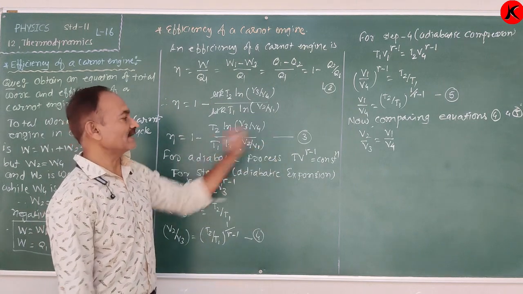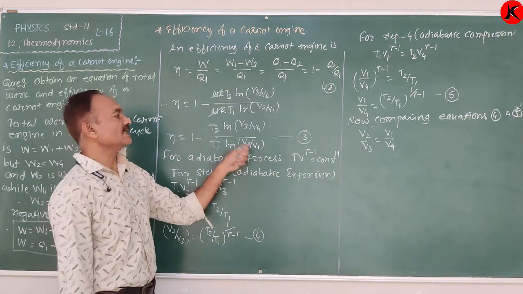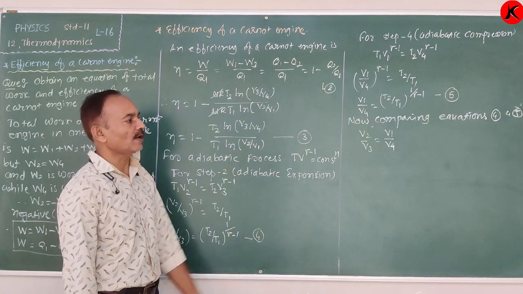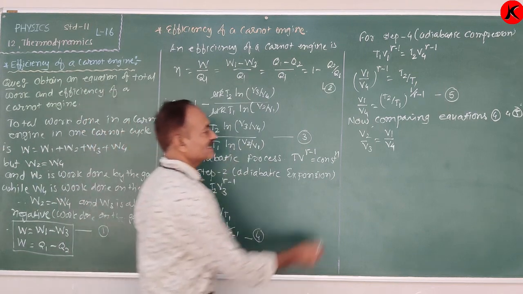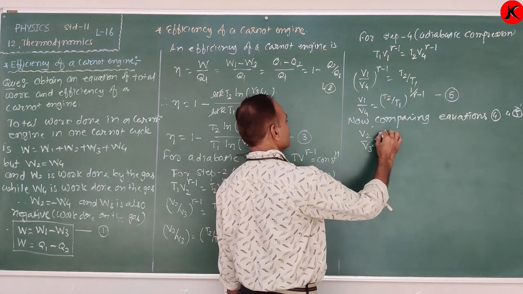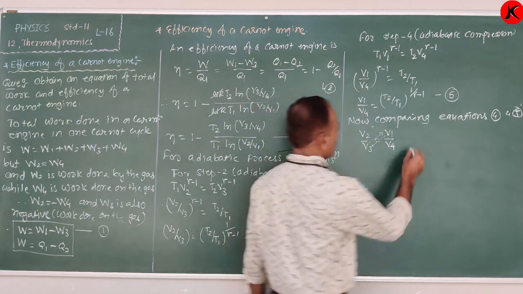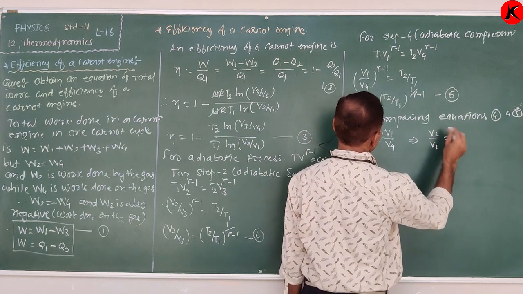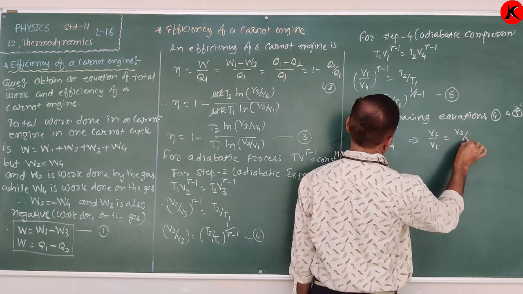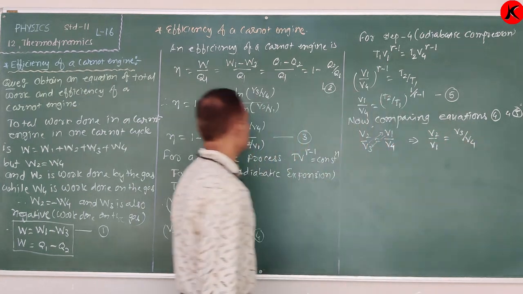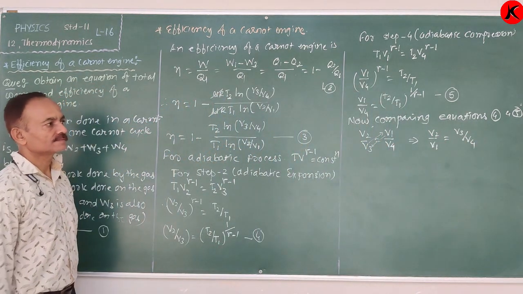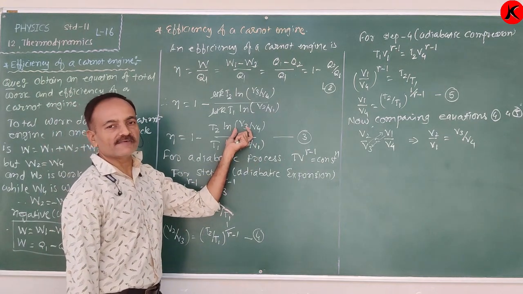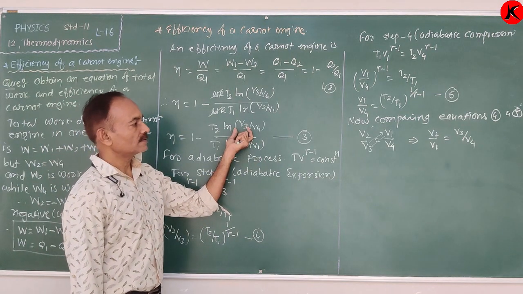Now, refer to equation number 3. We require the ratio in that form, V3 upon V4 and also V2 upon V1. So take V4 here and V3 here. Therefore, we can write V2 upon V1 is the same as V3 upon V4. So V2 upon V1 has the same value as V3 upon V4.